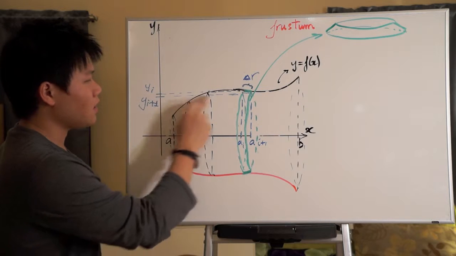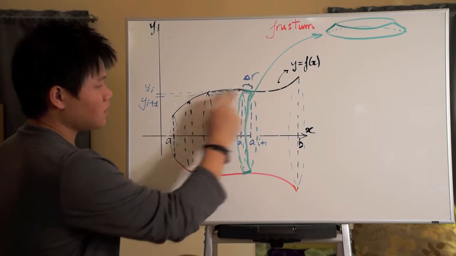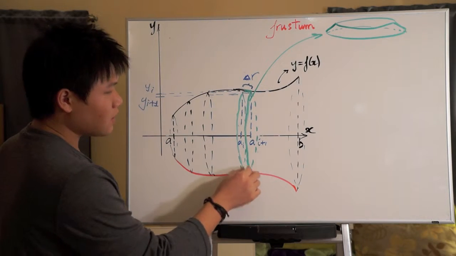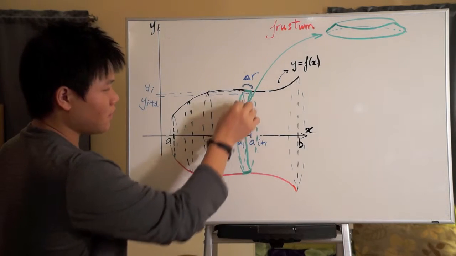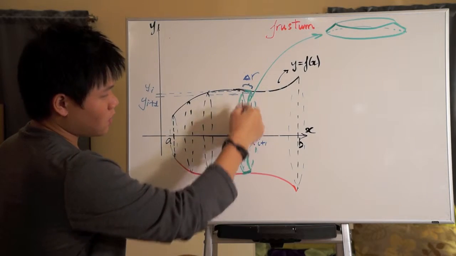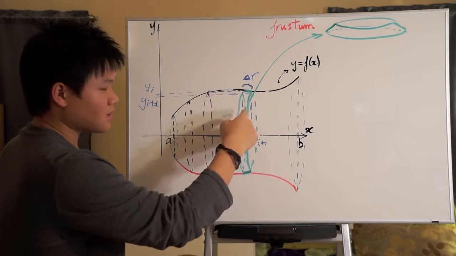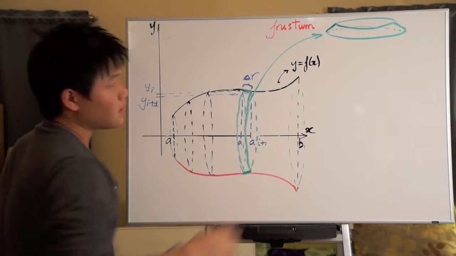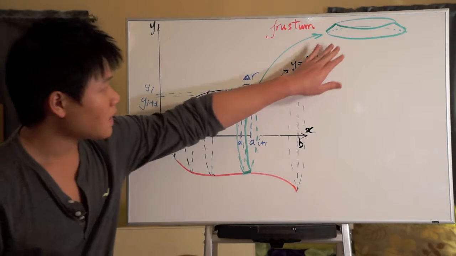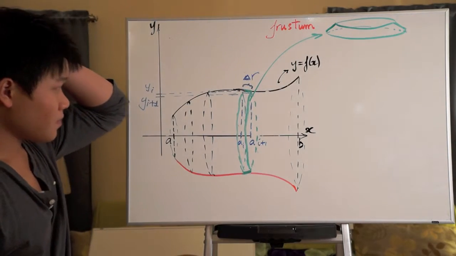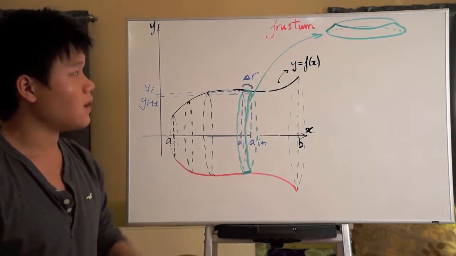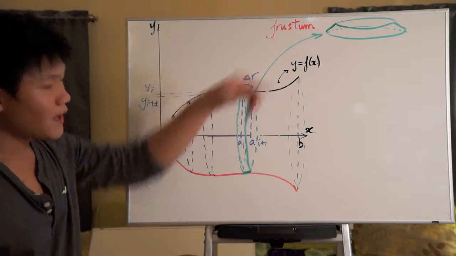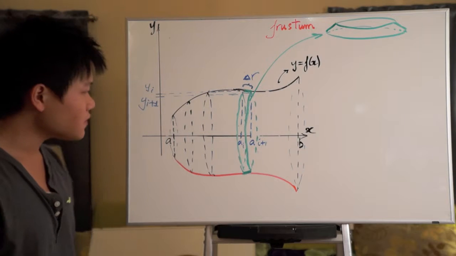We're going to pick a small increment, a small fragment of the surface. When we extract this surface out, we're going to have this shape. It's going to look somewhat like a trapezoid, but it's like a cone without a top. There's a term for that called a frustum.